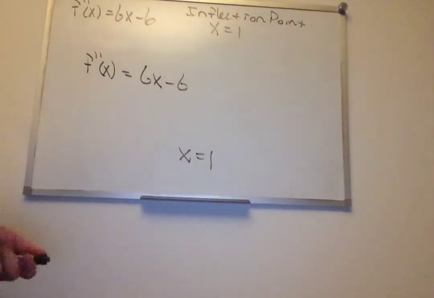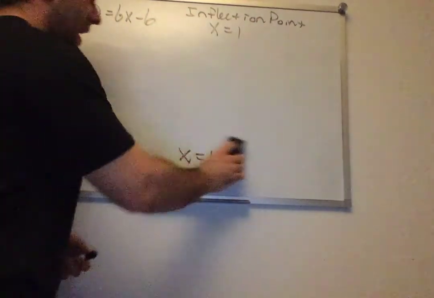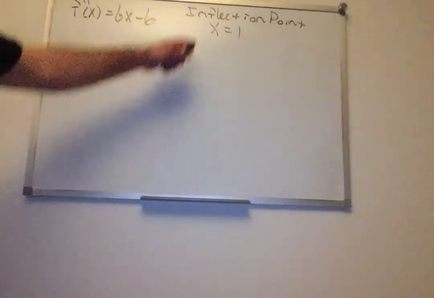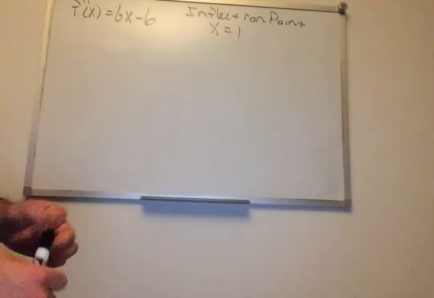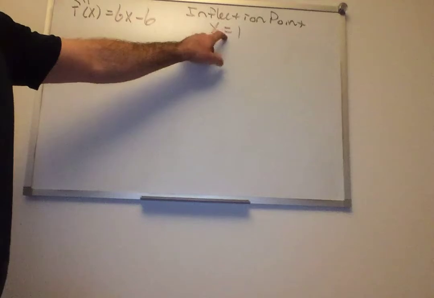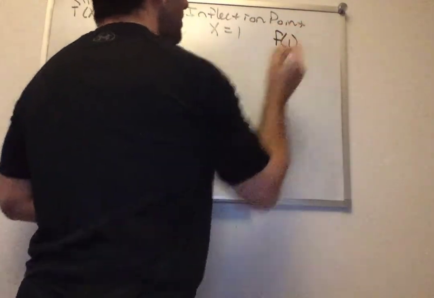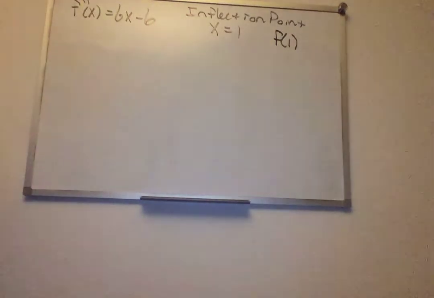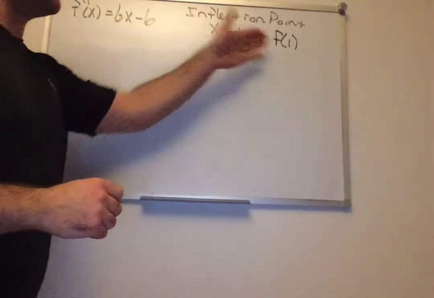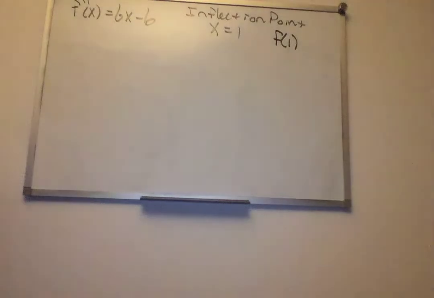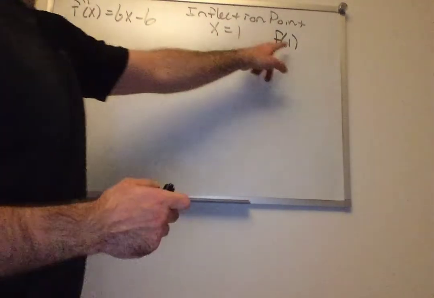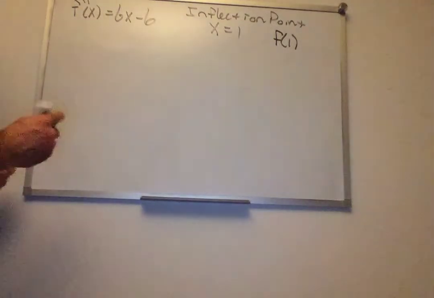Sometimes they ask you for the actual point of inflection. That's when you take the inflection point and plug it into the original function, and then it would be this x value and this y value. If they ask you for the exact point of inflection, this is where it occurs.